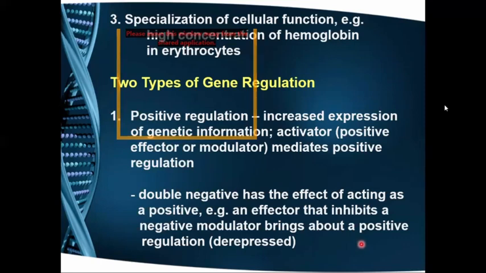So at first, it acts as a negative modulator. Then you put in another modulator that will neutralize the effect of the negative modulator. So as a result, positive regulation, stimulation of gene transcription. And that process is what is known as derepression.